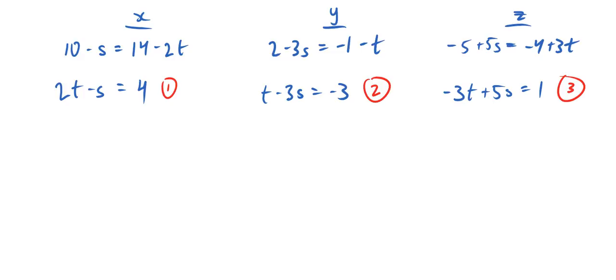I'm going to do equation 1 minus 2 times equation 2. I'm going to cheat a little bit here and do it all in one step. You might want to split it up into 2 steps. But that's going to eliminate the t's. So 2t minus 2 times t is gone.